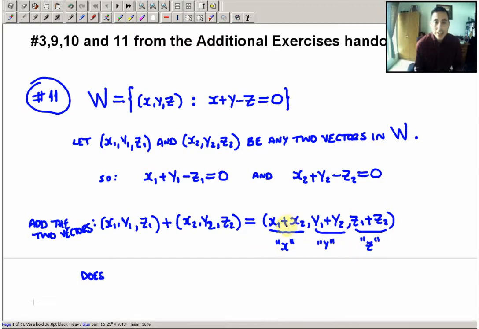So if I add this plus this minus this, do I get 0? Does x1 plus x2 plus y1 plus y2 minus z1 plus z2 equal 0?